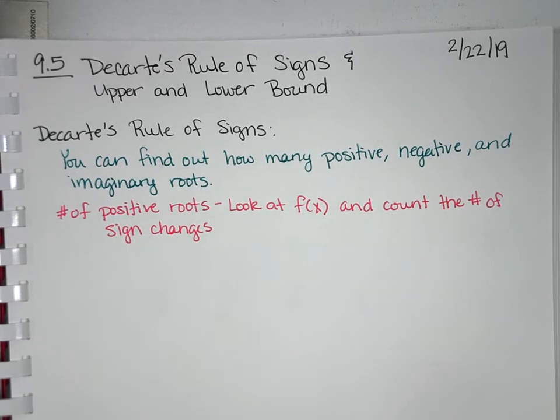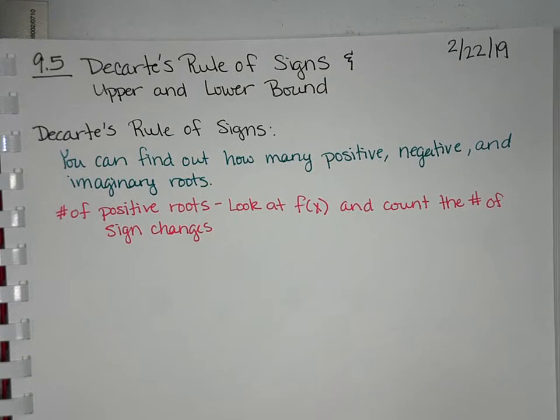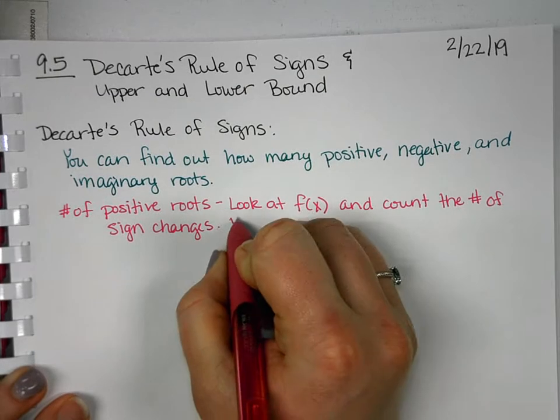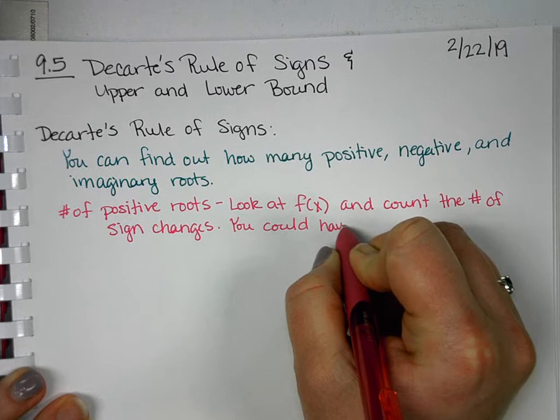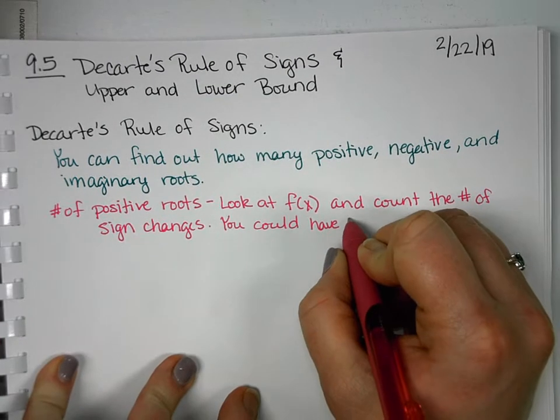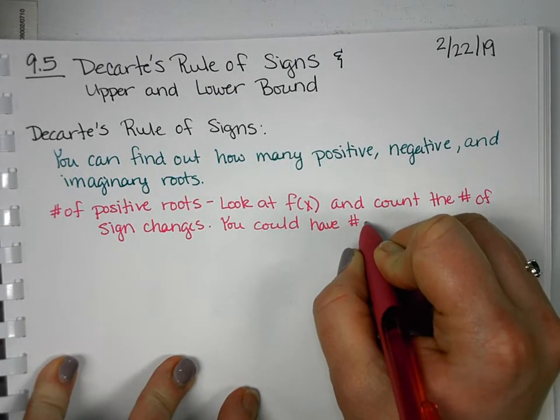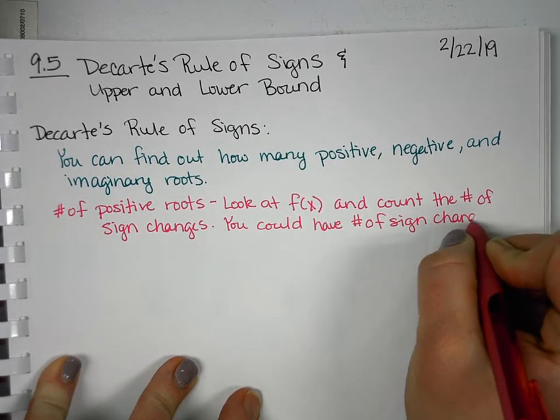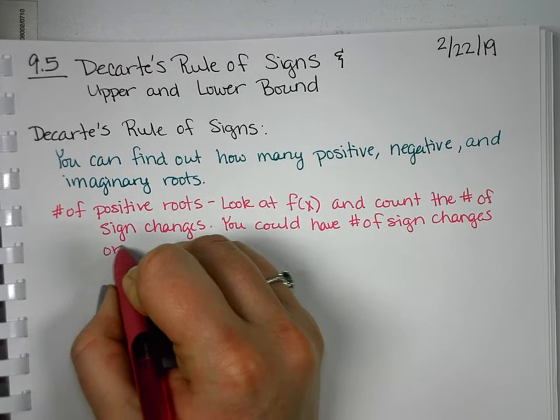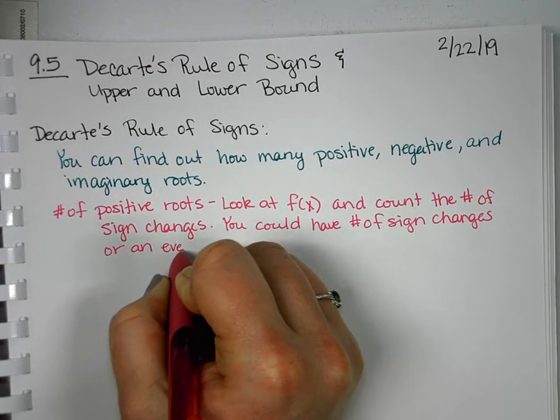So you're going to look to see how many times you switch from pluses to minuses or minuses to pluses. However many sign changes you have, that's how many positive roots you could have. Okay, so you could have the number of sign changes or an even amount less.